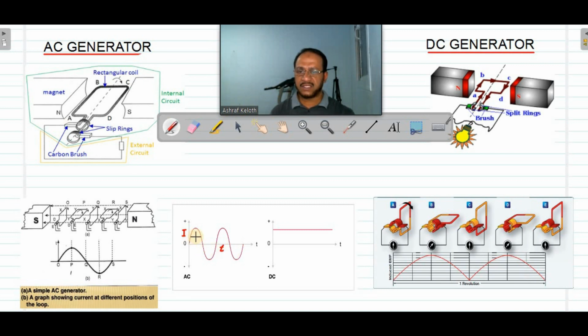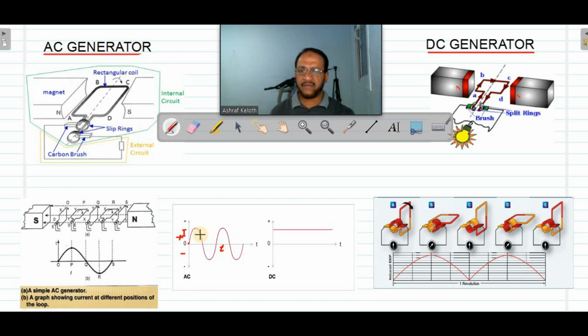This is the AC. Alternating current from a generator increases from 0 to a maximum, then decreases to 0. That is the positive part. Then after that it goes to the opposite side, the negative side. It increases in the reverse direction and comes back to 0. Again going to positive, and it continues like this.